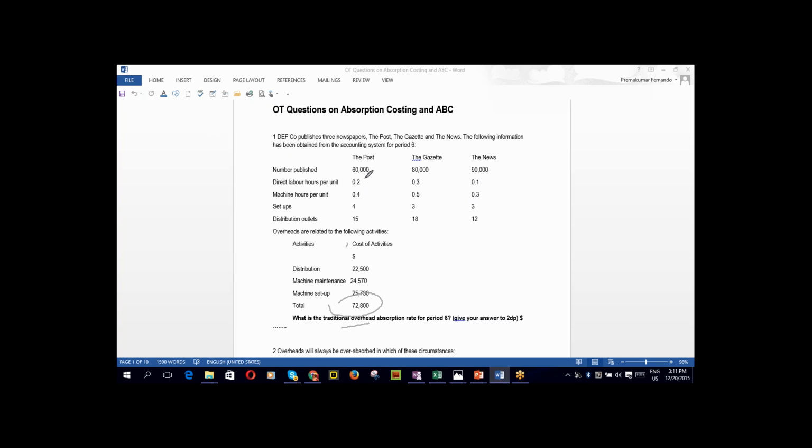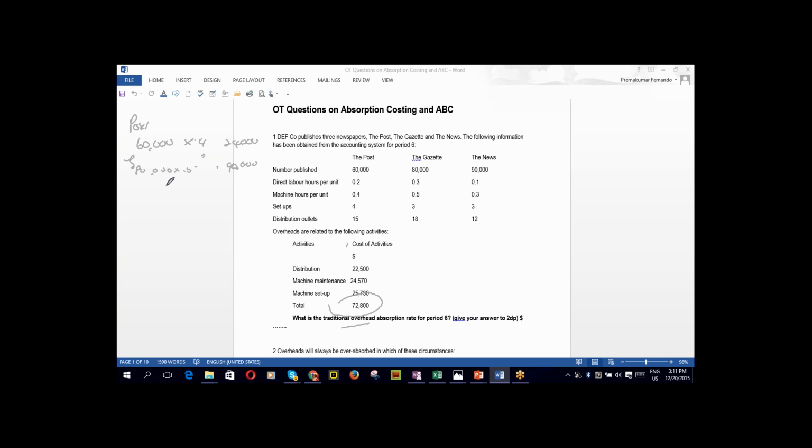So now we have to find out the total machine hours for the period. They are producing 60,000 posts and each is going to take 0.4 hours, so 60,000 into 0.4 is 24,000 machine hours. Similarly, the gazette is 80,000 and each takes 0.5, that means 40,000.